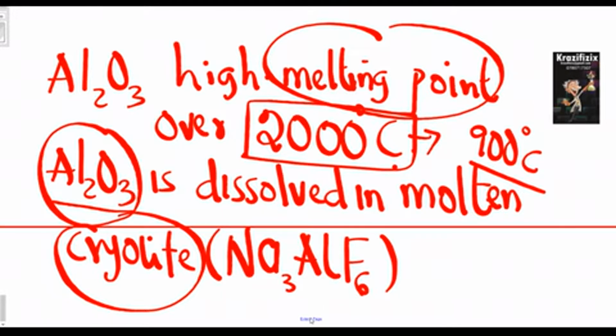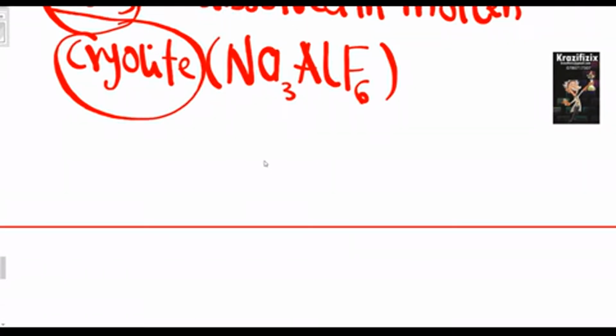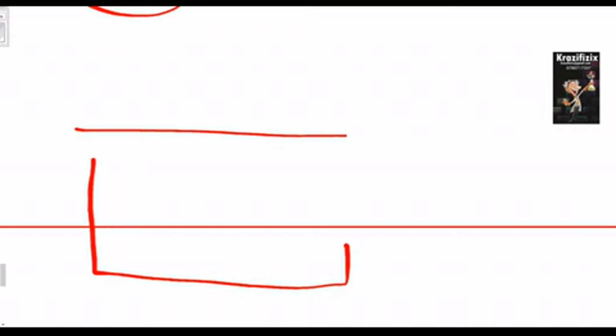And let's see what the electrolytic process looks like. Now we want to go into our electrolytic process. What would it look like? The structure is a bit different and may be different as you move from textbook to textbook, but practically just the same.